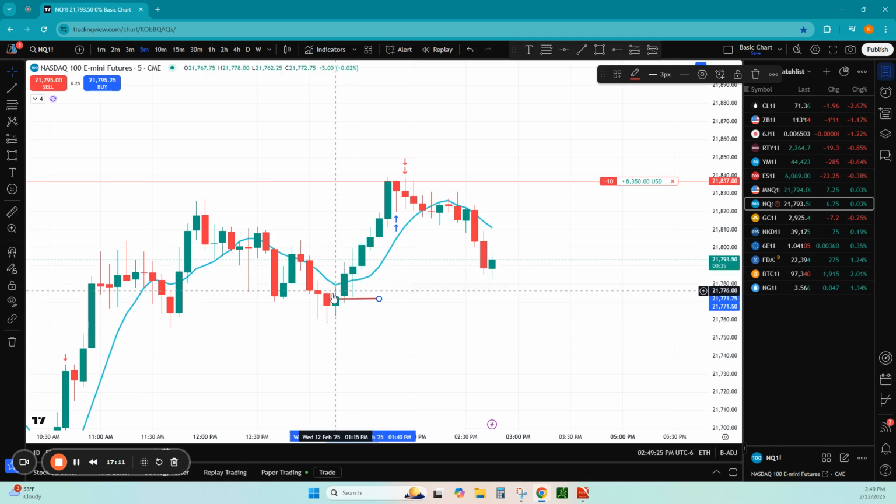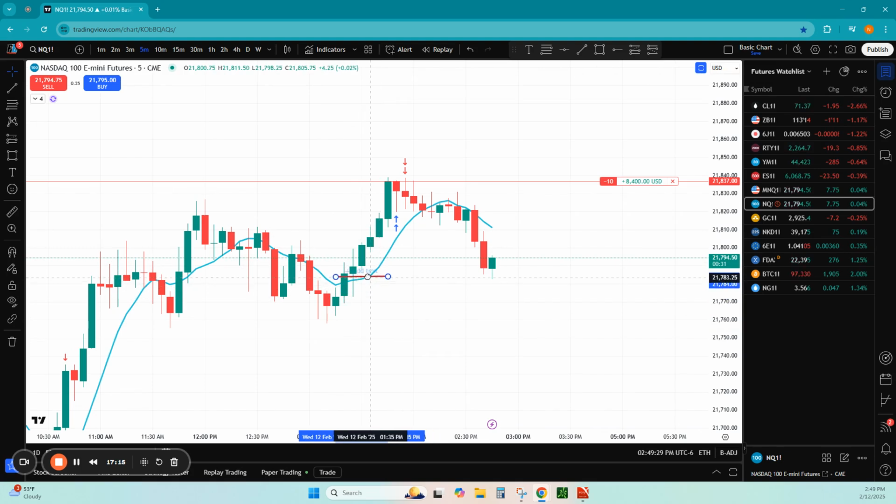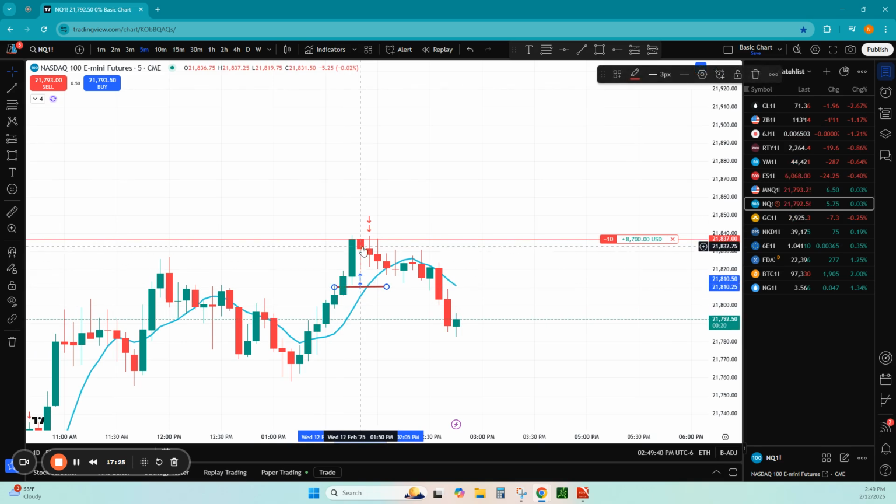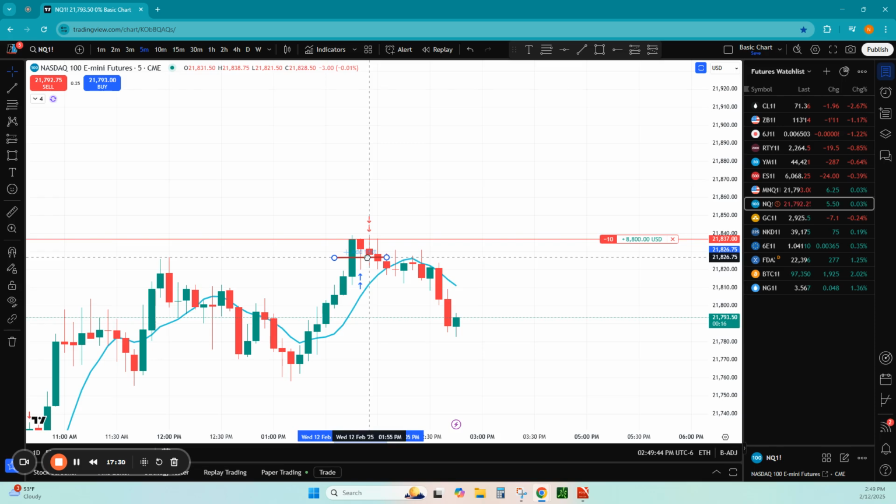Nothing to worry about. Trail it. This candle closes. We're going to trail it. Now we're at break even, basically. Trail, trail, trail, trail. You see this candle? Just trail this thing up. Close it. It's another great trade.